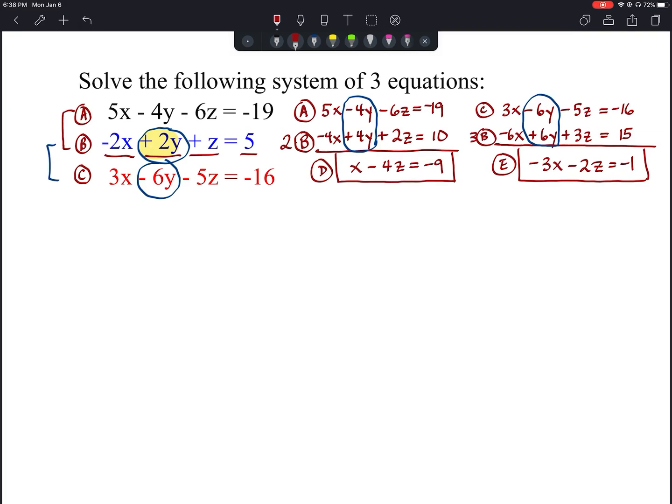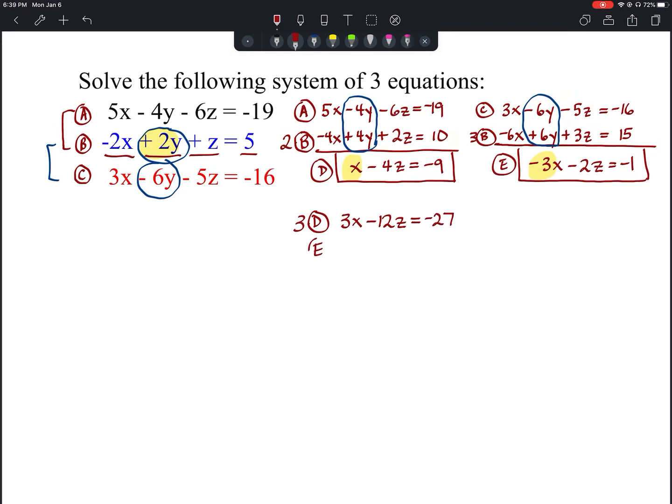To solve for x and z here, I could go ahead and do elimination between the two equations to get rid of the x's. So I'm going to multiply equation D by 3. So we have 3 times equation D. So we're going to have a 3x minus a 12z is going to equal negative 27.